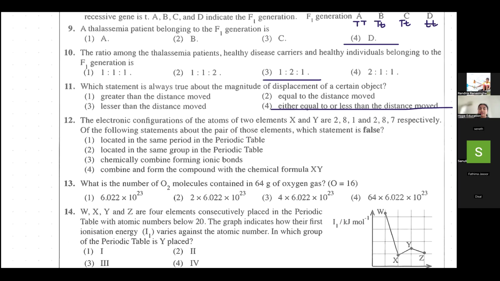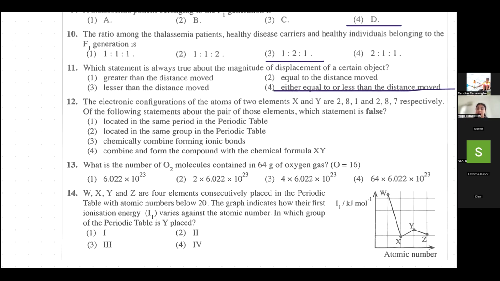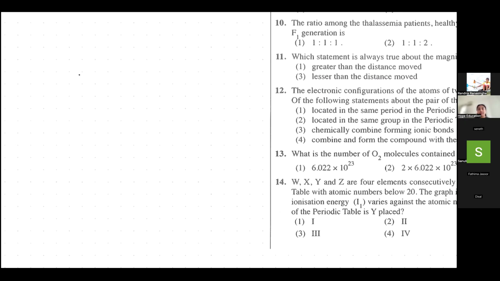The electronic configurations of the 2 elements X and Y are 2,8,1 and 2,8,7. Which statement about the pair of those elements is false? X is 2,8,1. What is X?